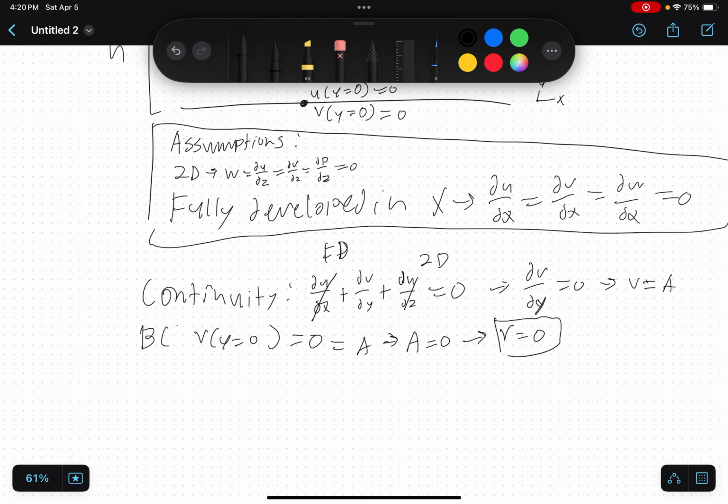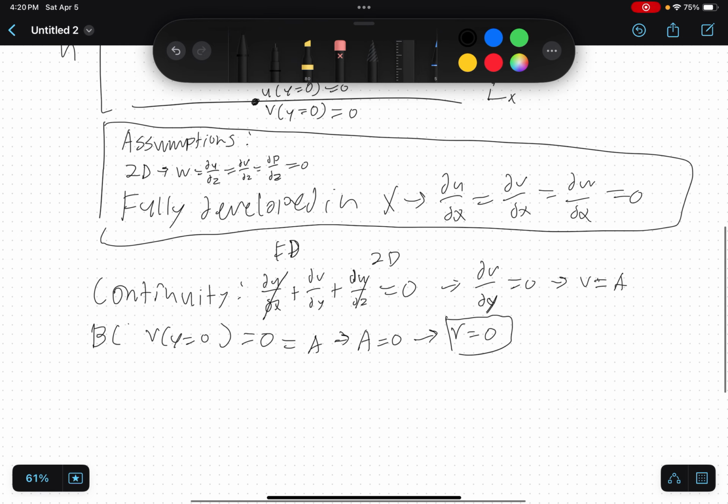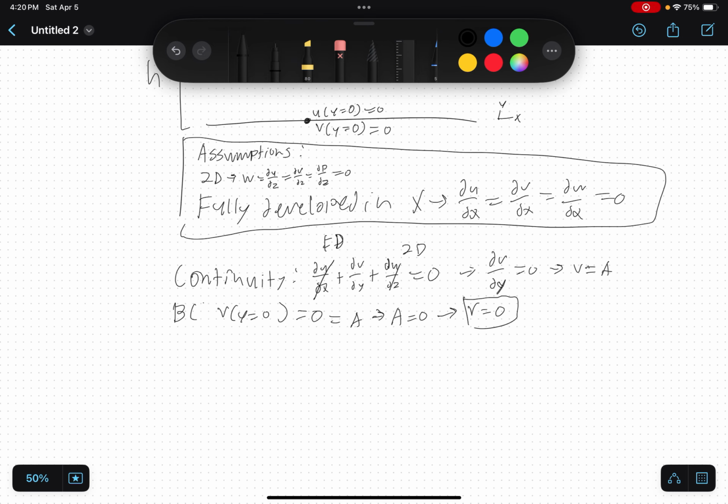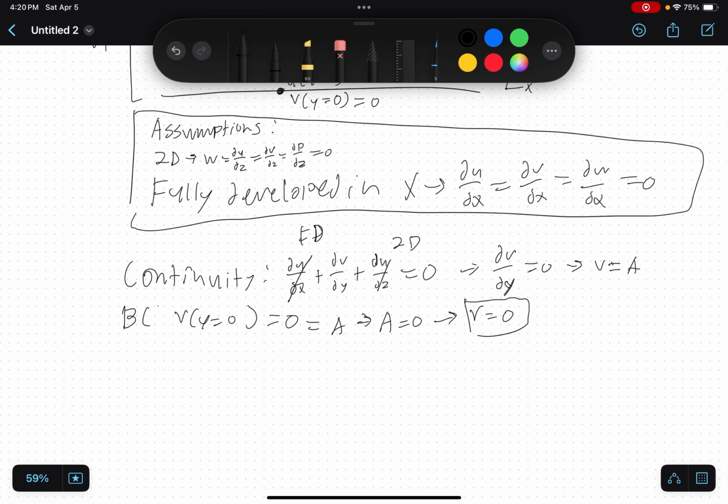Cool. I'm not going to do the pressure. I'm not going to do Navier-Stokes in the y, because all you do is extract the y component of the pressure equation, and I don't care. It's going to be similar to the last video anyways.